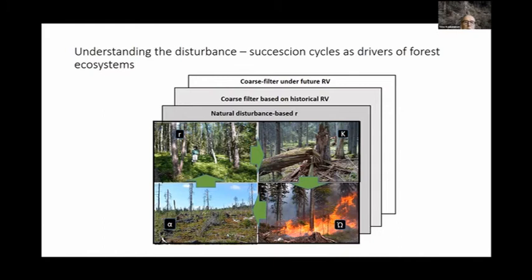So disturbance-succession cycles, which are quite long in the natural forest, we should be able to bring some of them into the managed forest as well, because this is such a fundamental issue.